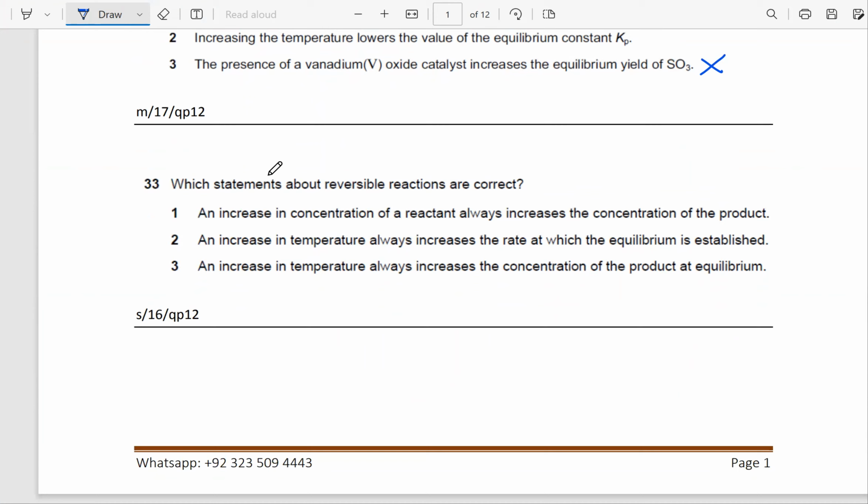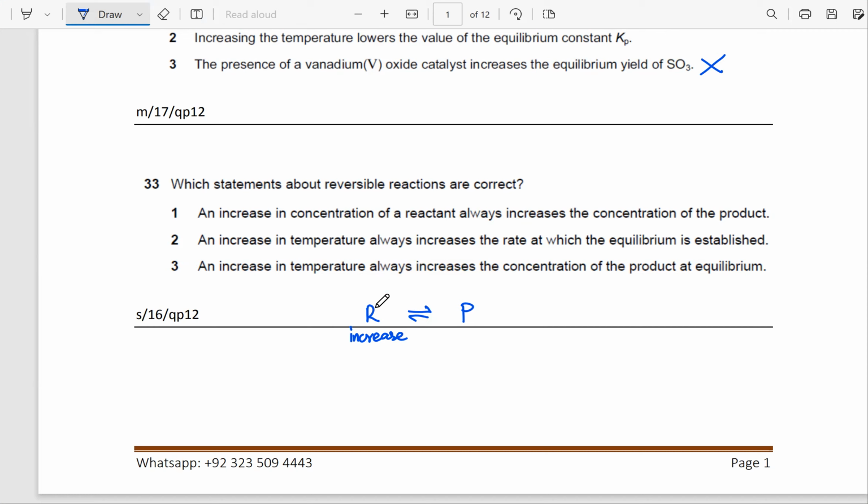Can someone tell me which statements about reversible reactions are correct? An increase in the concentration of a reactant always increases the concentration of the product. Is that true? If I increase the concentration of the reactant, what would the equilibrium do?